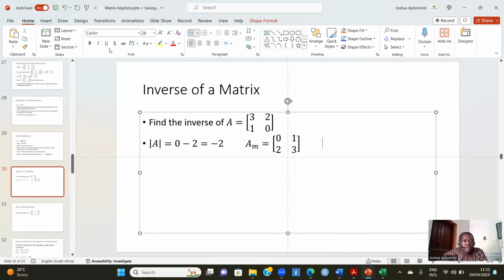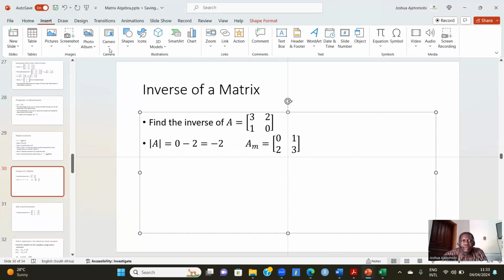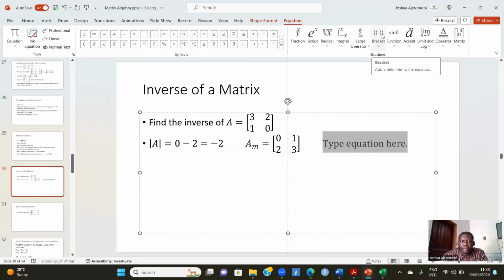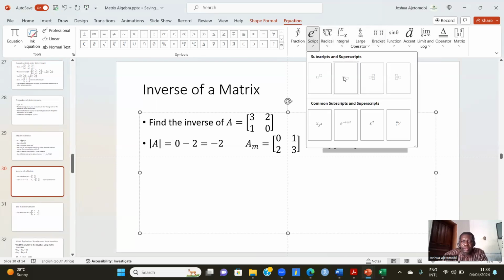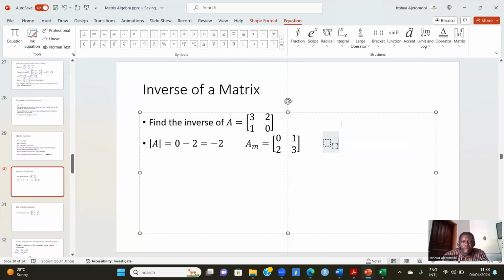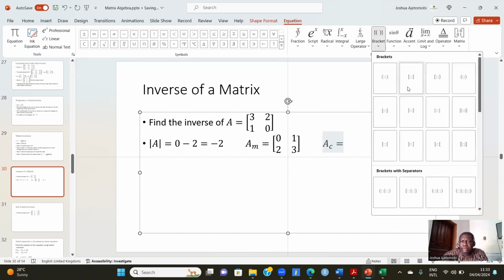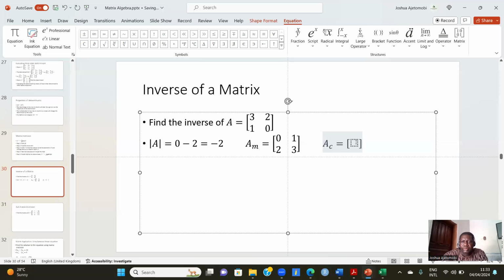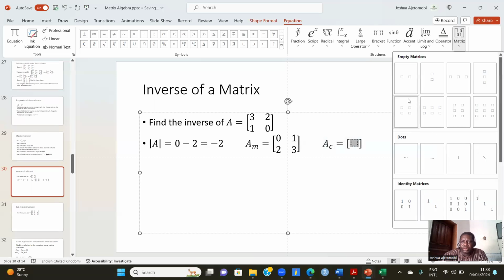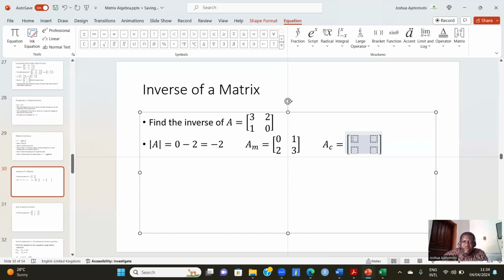So let's get the cofactor. Let's call the cofactor AC. That's really a 2x2 matrix. It is signed minor, but how do we get the sign?